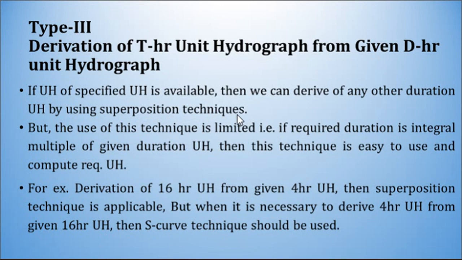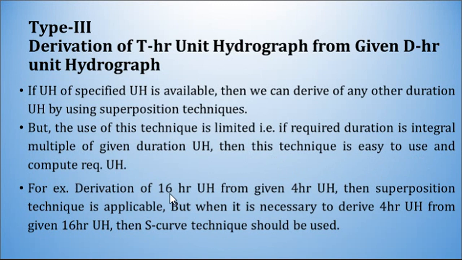That means you have to superimpose one hydrograph over the other, but the use of this technique is limited. That is, if the required duration is an integral multiple of the given duration unit hydrograph, then this technique is easy to use and compute the required unit hydrograph.